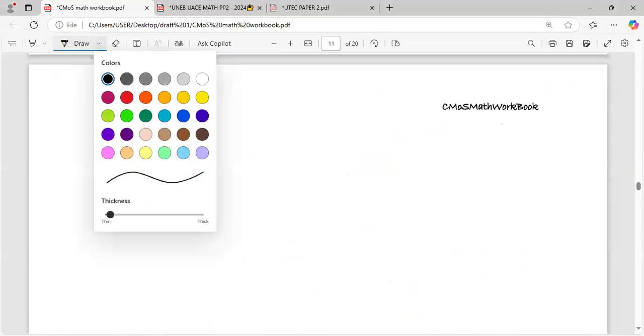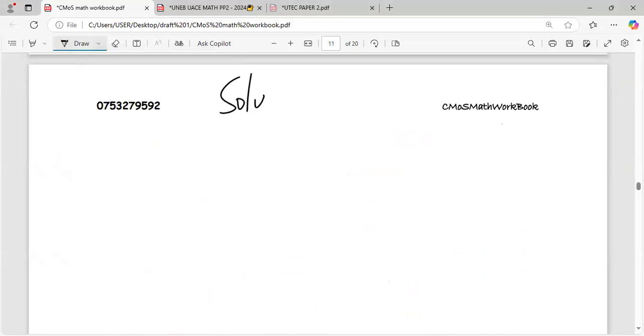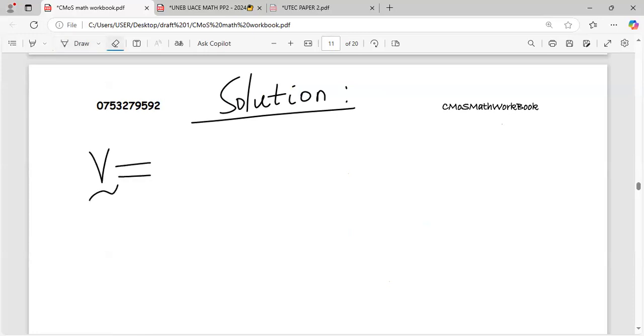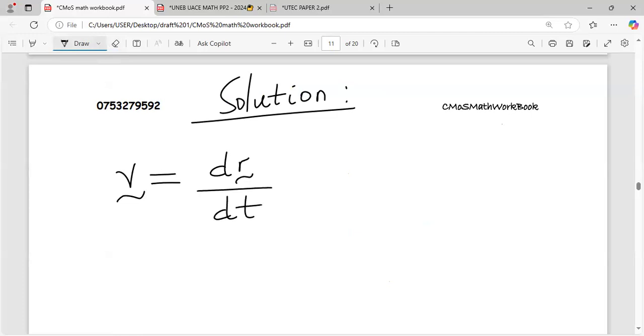Solution. We know that velocity is the change of displacement over the change of time.